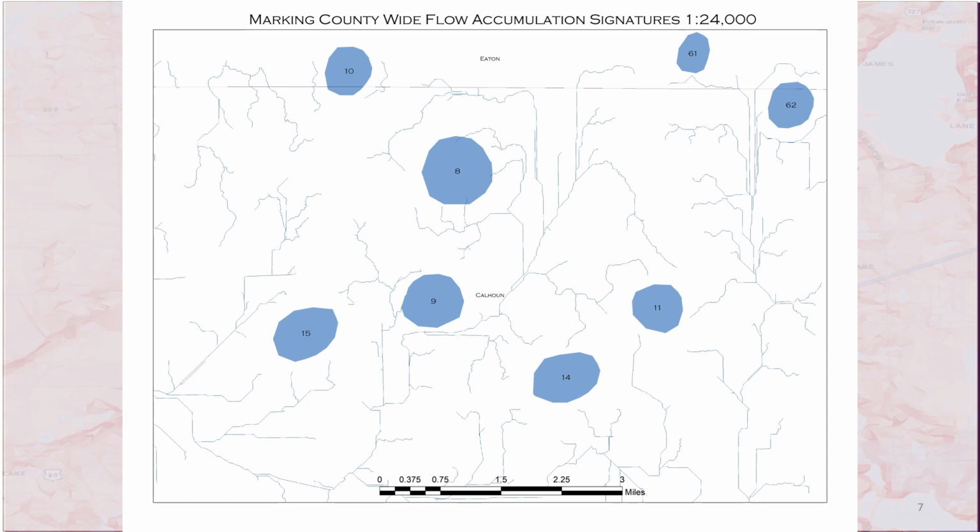This is in Calhoun County, and what we're doing is using the tools of the photogeologists of the past and marking them. So we're taking digital data, making observations, and turning it into analog.